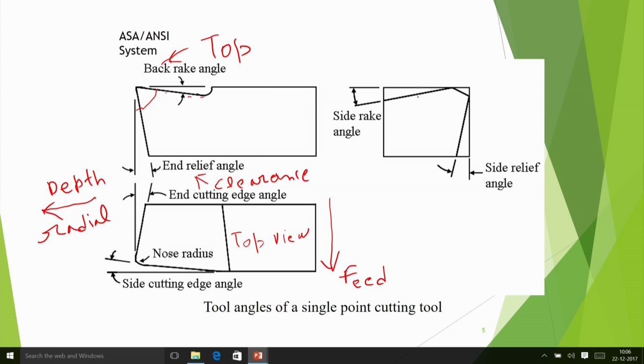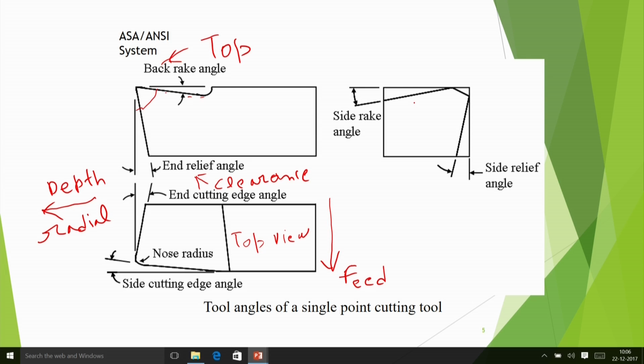So this is slanting down, so chip flow will take place on this rake surface through that side rake angle. And then this other flank is also inclined in the other direction from the side, so you get the side relief angle. Otherwise the tool will rub, that is why this is shown as a side relief angle here.